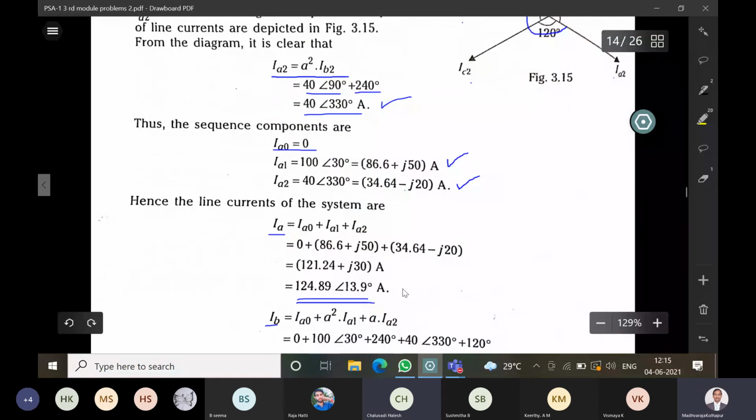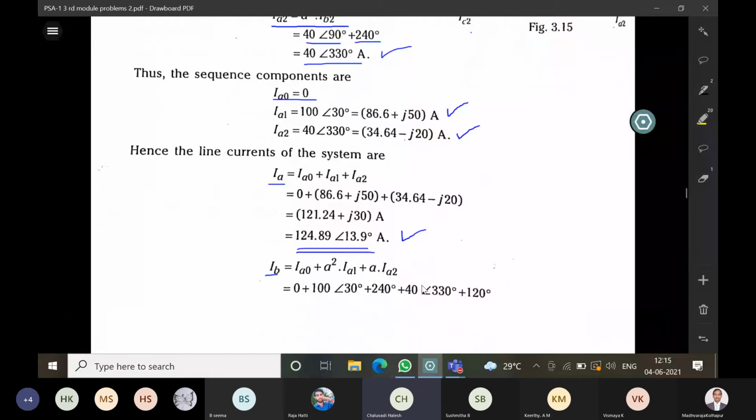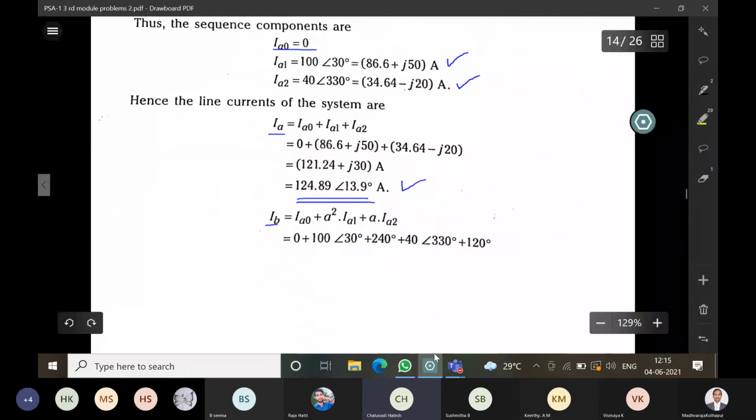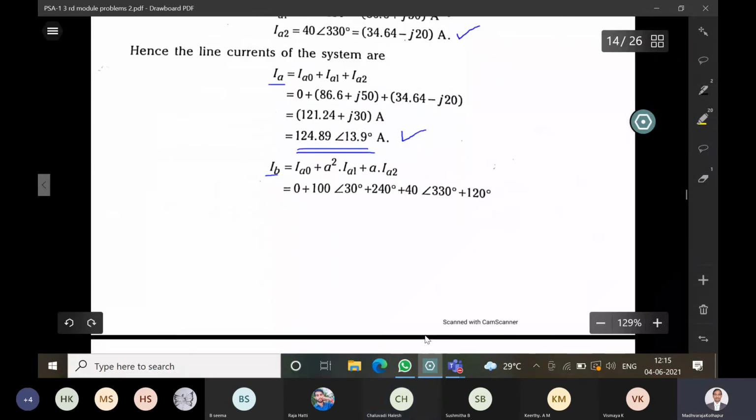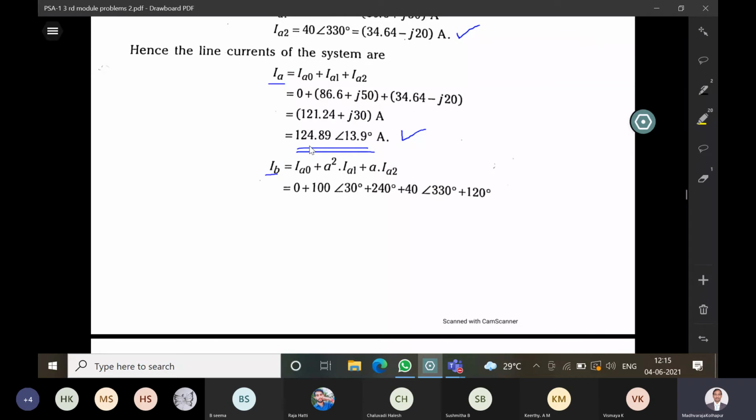Okay. IC value calculating, sir, IB, IC. Okay. So IA value is 124.89 at an angle 13.9 degree.